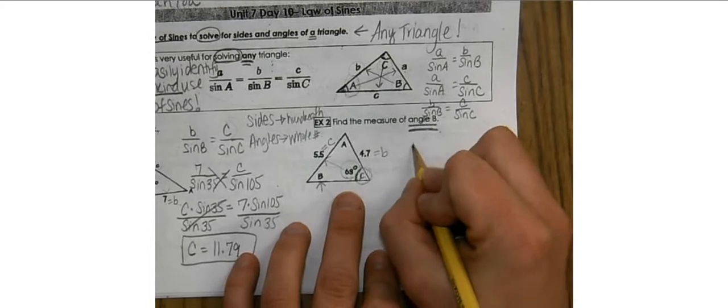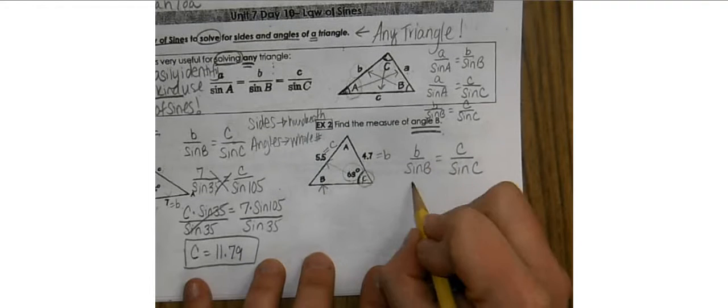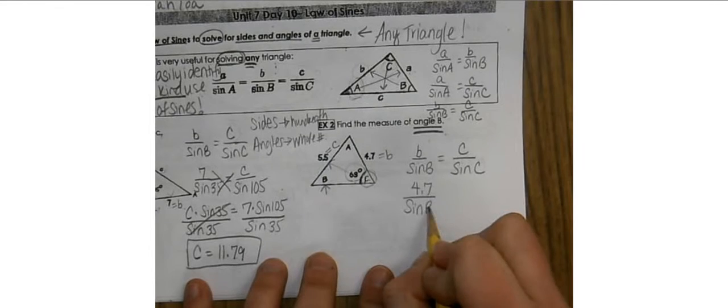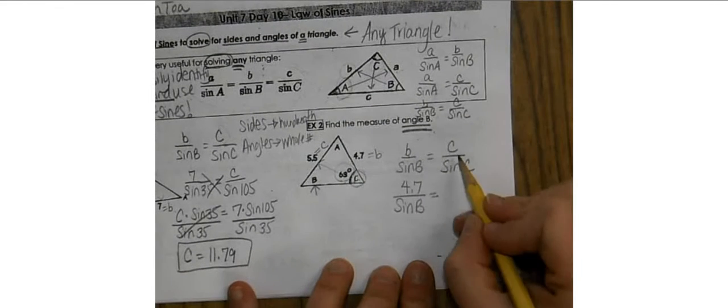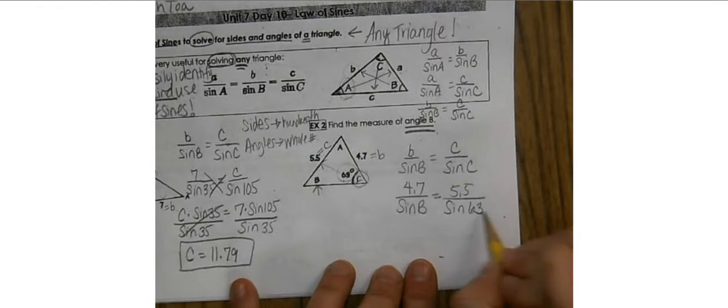So I'm going to use b divided by the sine of angle B is equal to little c divided by the sine of angle C. So little b is 4.7, and I'm going to divide it by the sine of angle B. This equals little c, which is 5.5, divided by the sine of angle C, which is 63.